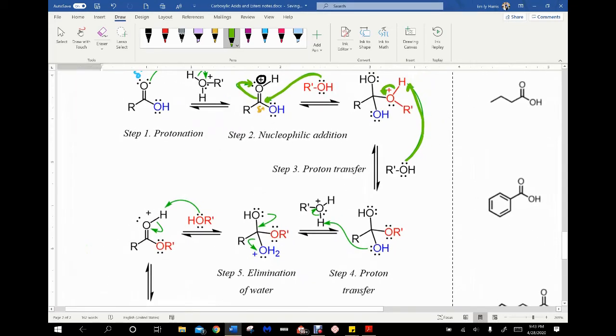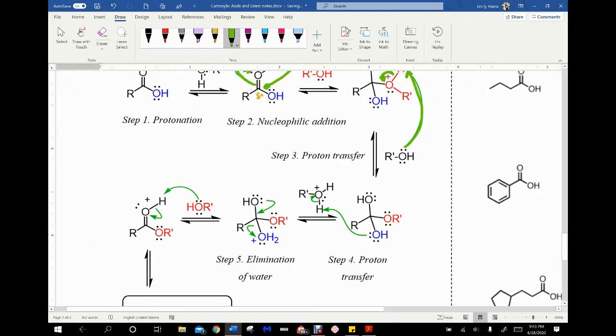What we're left with is a tetrahedral intermediate where we have the ester here in progress, not quite an ester yet. This is the part that came from our alcohol, the part in red. Then the last step, we've got to get back to a carbonyl compound.